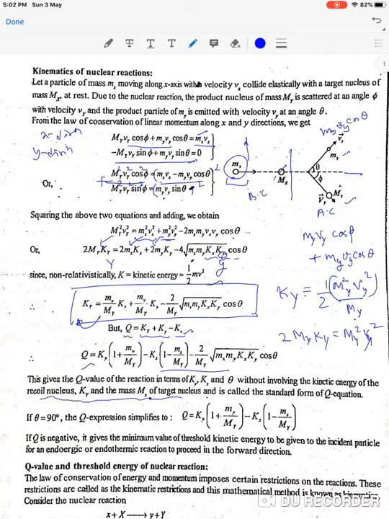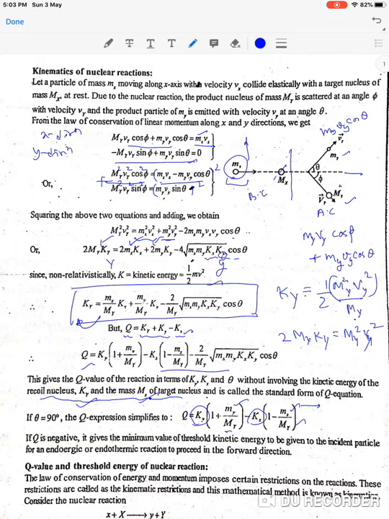Even if we don't know the kinetic energy of the recoil nucleus and the mass of the target nucleus, we can still get the Q value by knowing only the kinetic energy of the projectile, the kinetic energy of the outgoing particle, the mass of the outgoing particle and the projectile, and the mass of the daughter nuclei.